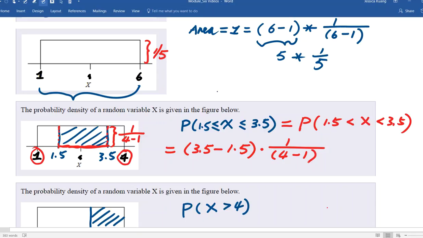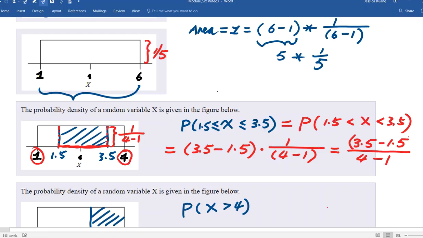And a little shortcut is, from now on, all you have to do is take the difference between the upper bound and lower bound of the shaded region and divide it by the difference between the upper bound and lower bound of the entire rectangle.